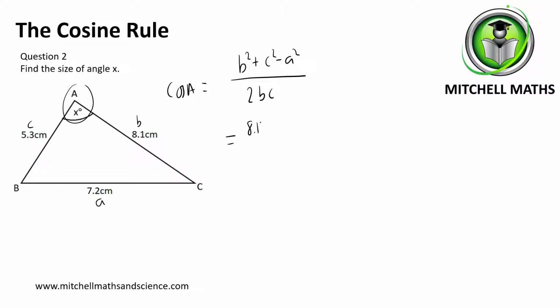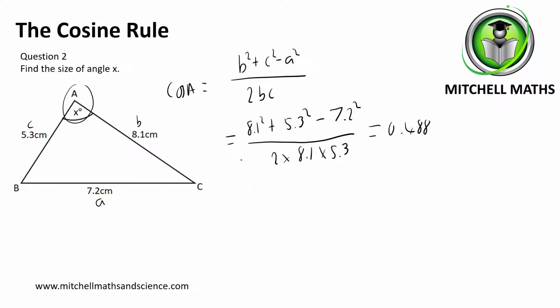We've got 8.1 squared plus c, which is 5.3 squared, minus a squared, which is 7.2 squared, all over 2 times 8.1 times 5.3. And that comes out as 0.488.